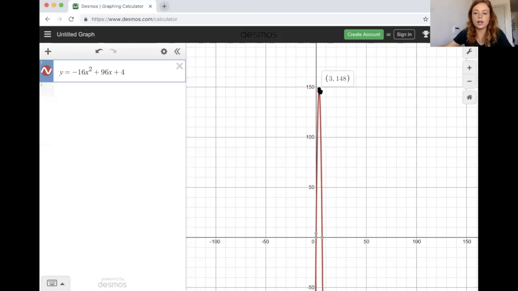And then our y-intercept is this point right here, it's that 0, 4. And then our zeros, we have one at negative 0.041, and then we have one at 6.041. So we have 2 of them.